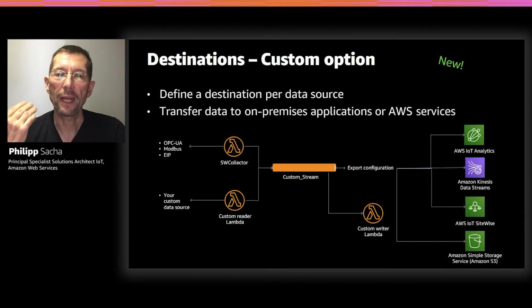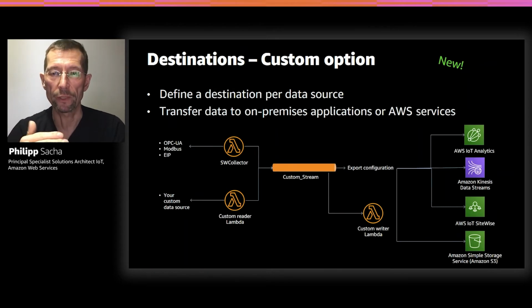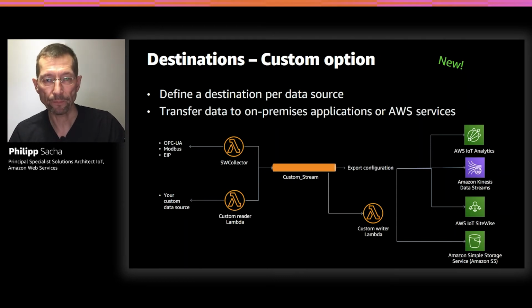An export configuration can be created for AWS IoT Analytics, for Amazon Kinesis Data Streams, for AWS IoT SiteWise, or for Amazon Simple Storage Service. For example, if you want to send your data to your industrial data lake.